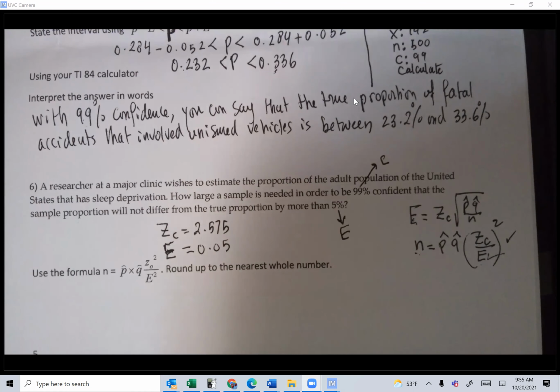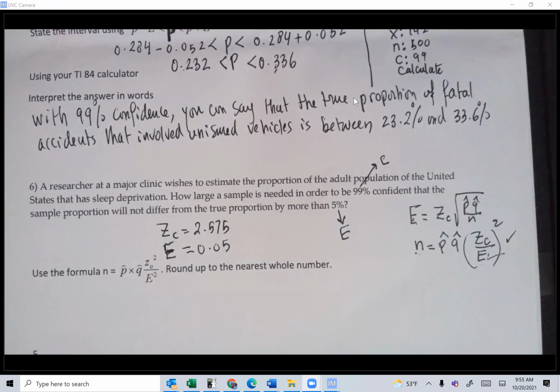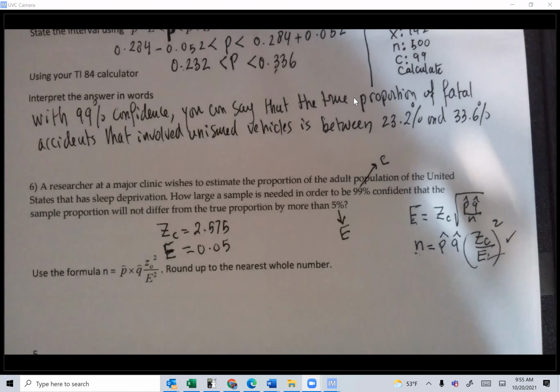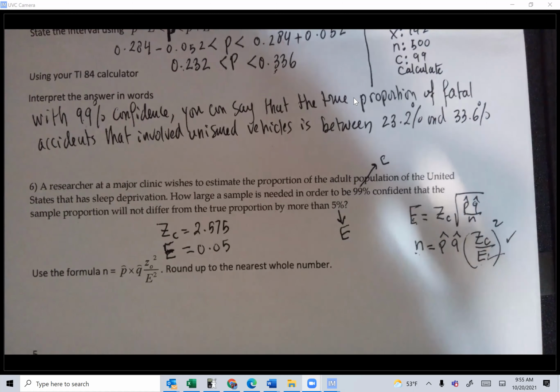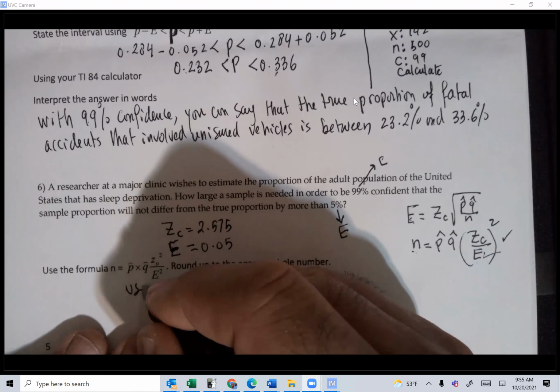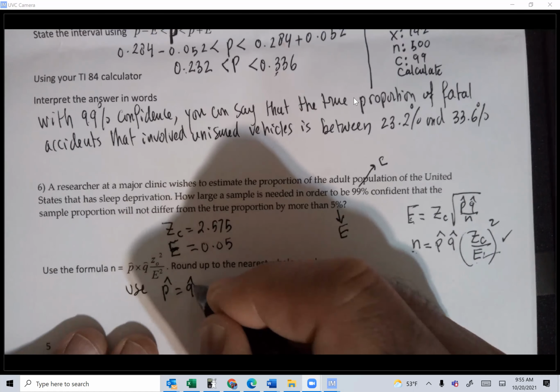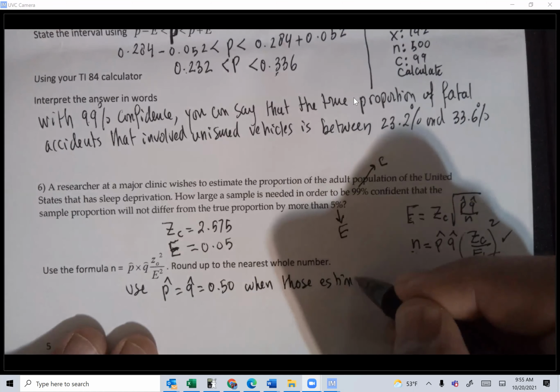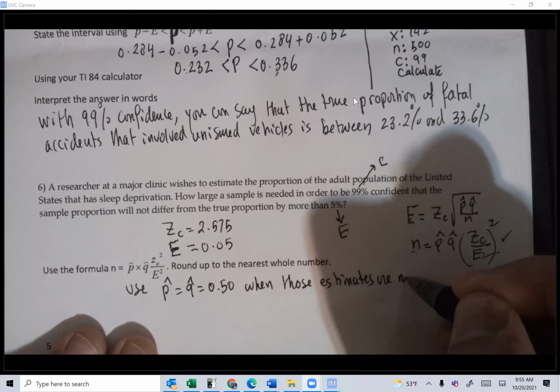That is the correct answer, and that's what the book uses. The book says if he doesn't give you p hat and q hat, use 50% for each. No one will be upset. The success is 50% and the failure is 50%. So that's the compromise that you make. So for your n, use p hat equals q hat equals 50% when those estimates are not provided.